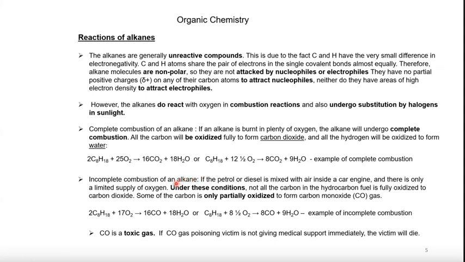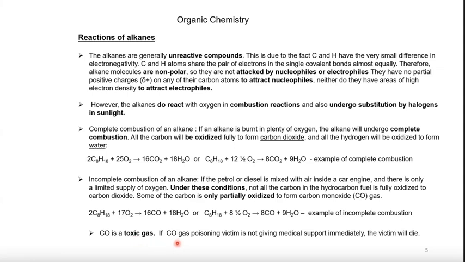Unfortunately, when we get combustion of, say, petrol or diesel in a car engine, we have a limited supply of oxygen when we ignite, and therefore we get incomplete combustion. In incomplete combustion, the products become carbon monoxide and water instead of carbon dioxide and water. Carbon monoxide is a toxic gas, and we do not want it.